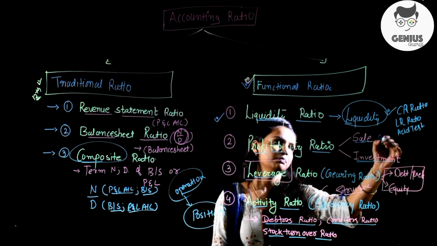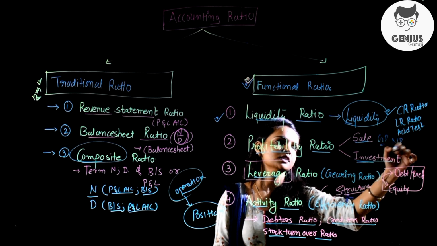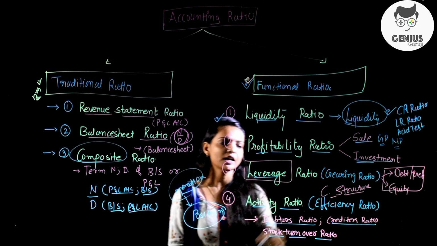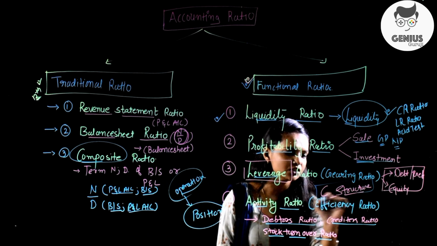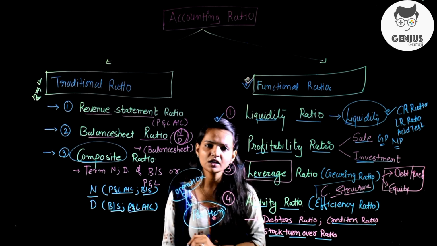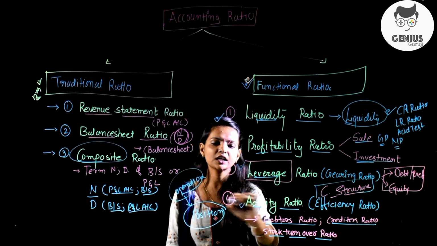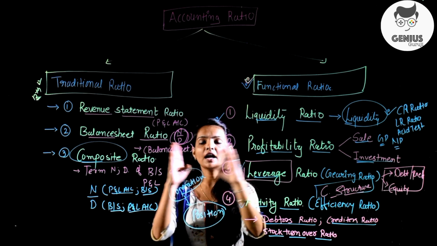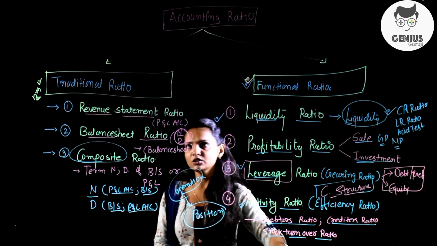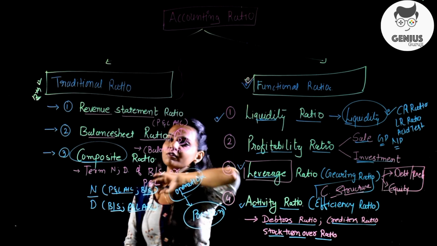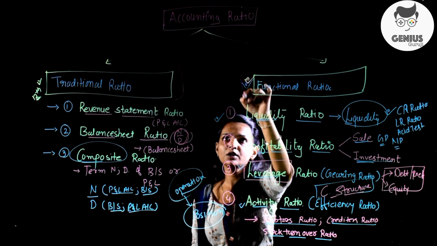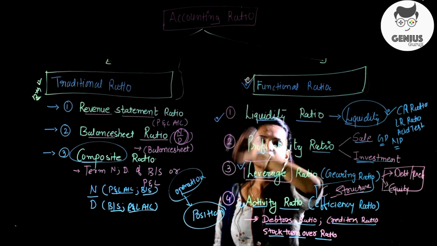GP, NP, this type of ratio. And third one is leverage. When you are analyzing the capital structure situation of a company, that ratio is known as leverage ratio, and the last is the activity based ratio. So this is the entire overview of your ratio. This is your older concept which you have already studied in 12th, but now we are going to discuss this one.